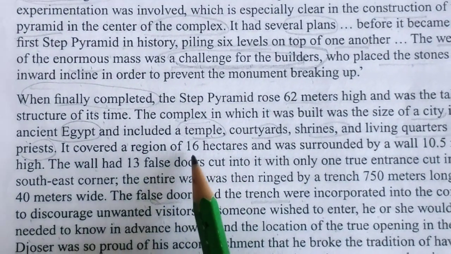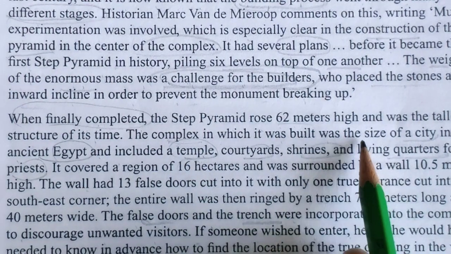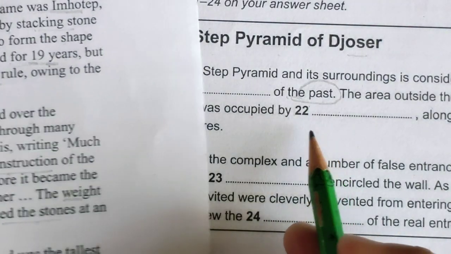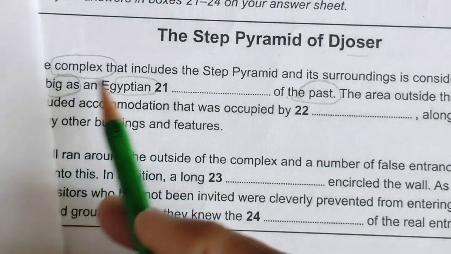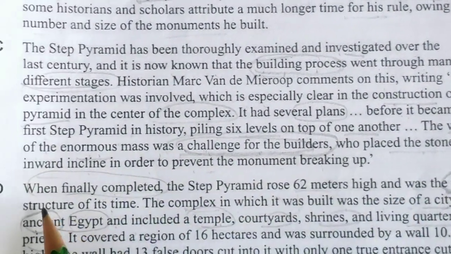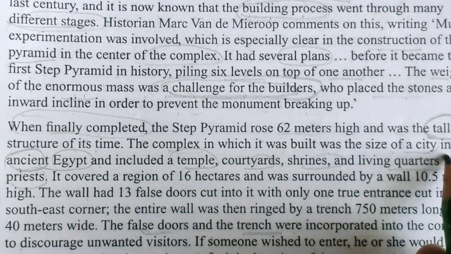So how will we be doing it? They are talking about the complex in which it was built, the size of a city in ancient Egypt. So ancient means past, they are talking, and for Egypt they have given big, also they have given tallest. It was the tallest structure of its time. The complex in which it was built was the size of a city.